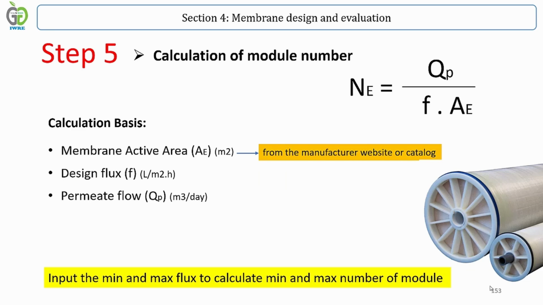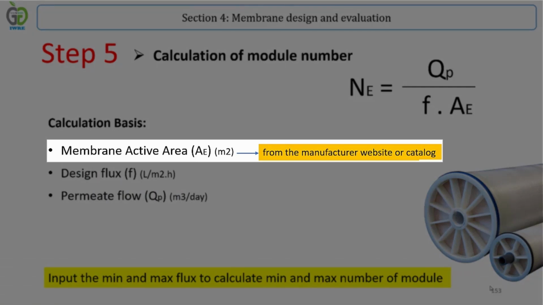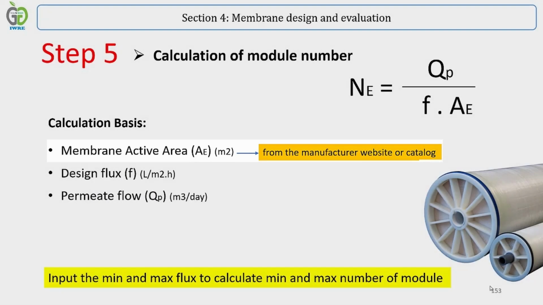Permeate flow is determined as given data, but membrane active area can be obtained in the membrane system design guidelines presented by manufacturers. For better understanding, I provided one of these guidelines as an example.